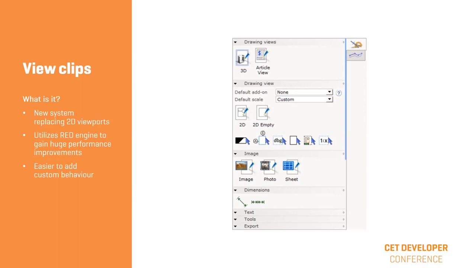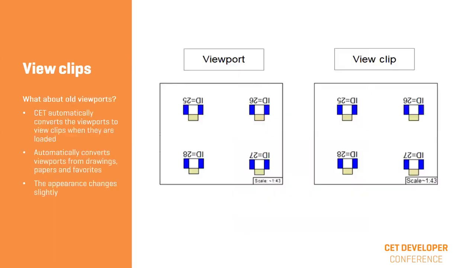One beta user said it takes him 4 hours to do 12 hours of work now with the new view clips. That's very exciting. We also want to make it more modular and easier to add custom behavior to view clips than viewports, because previously you had to extend the viewport and add all your functionality in that class. Now it's much easier, but more on that later.